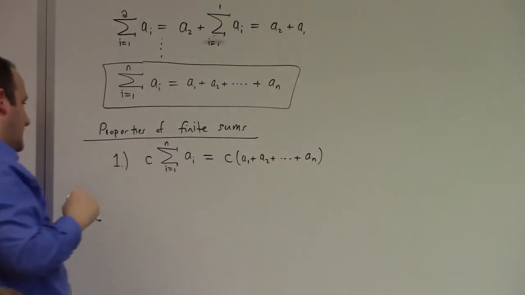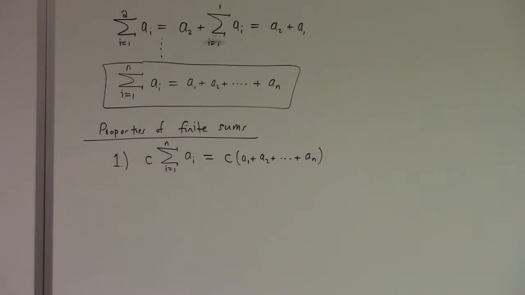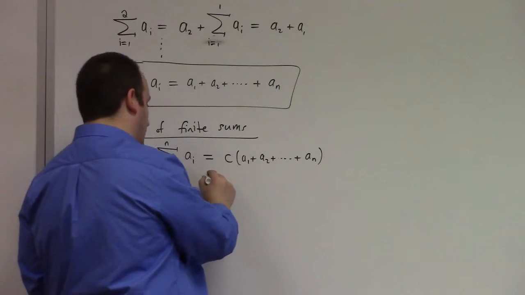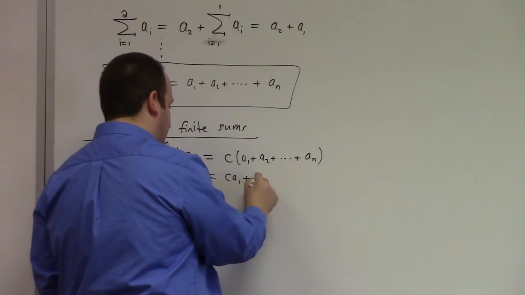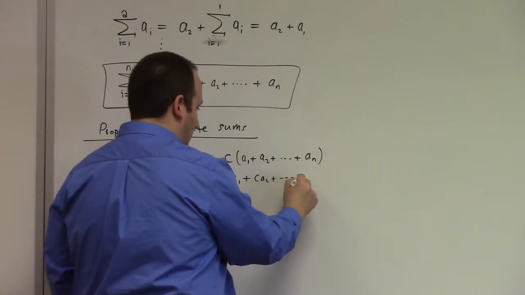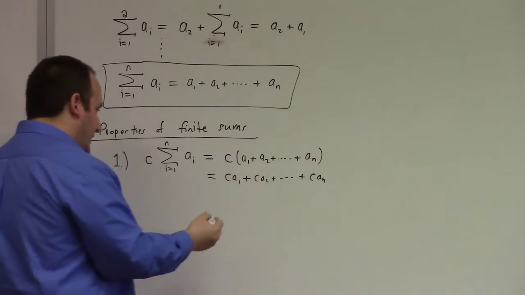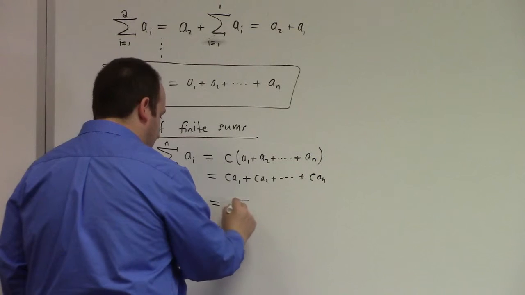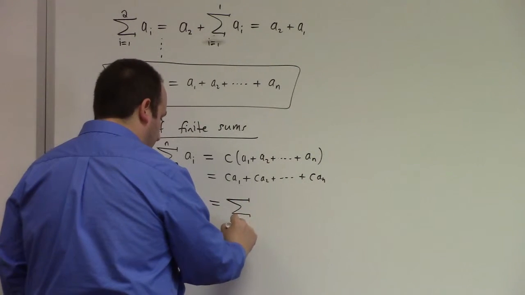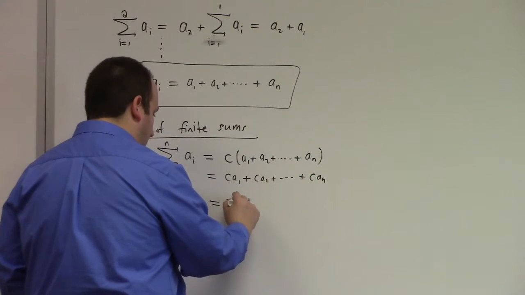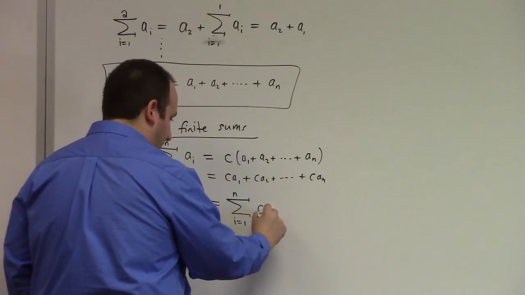So what happens when you take a constant and multiply it times a sum like that? It just distributes through, right? That's ca1 plus ca2 plus and so on, right? But we can rewrite that in summation notation simply as the sum from i equals 1 to n of c times a sub i.